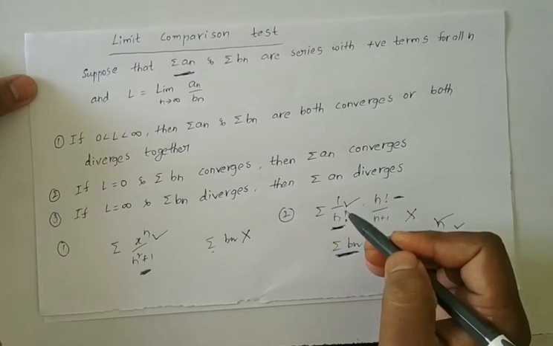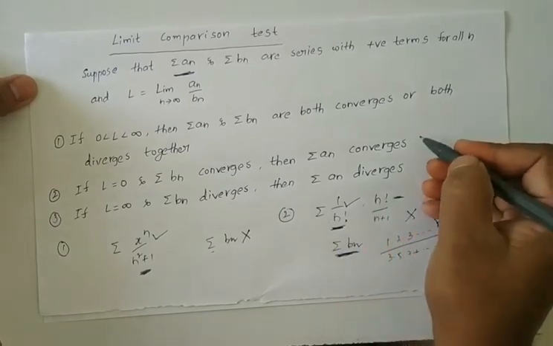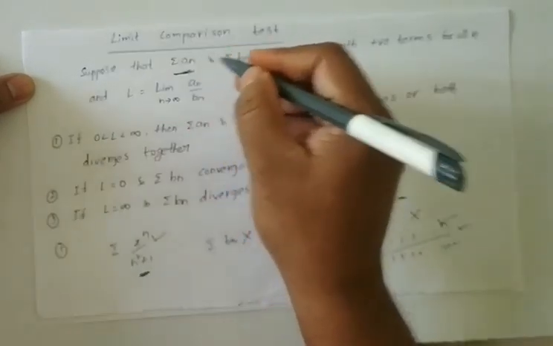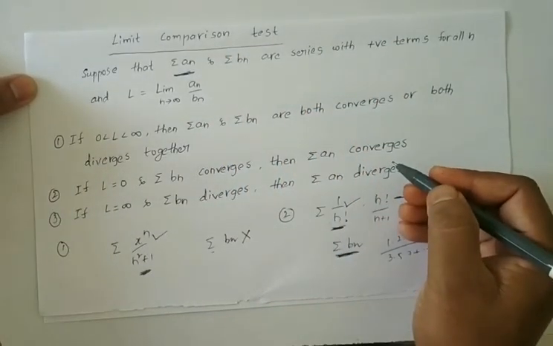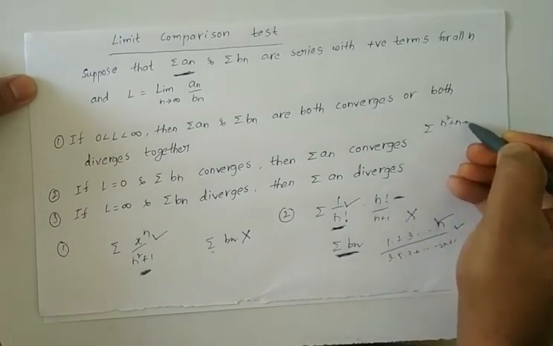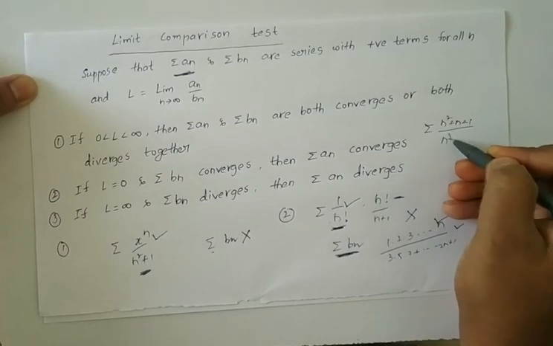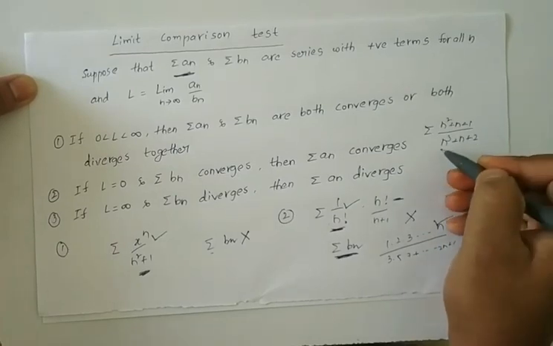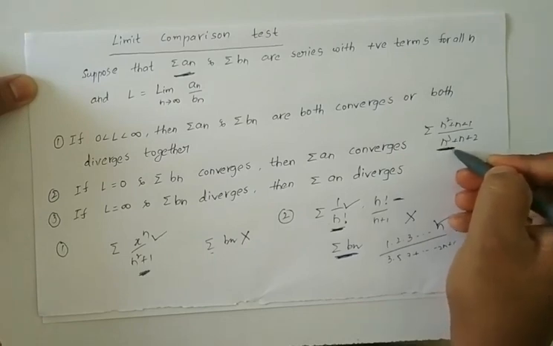Once again I will explain. For example, summation n square plus n plus 1 by n cube plus n plus 2. Can I apply the limit comparison test to this series? Yes, you can apply.